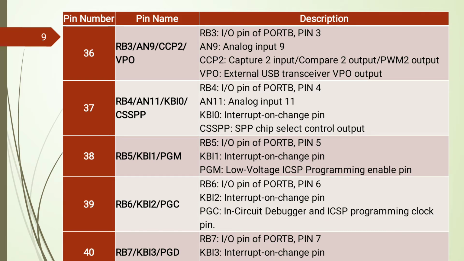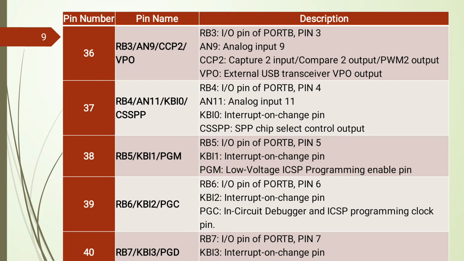After that, an additional port function of port B is the additional analog input. In this version, that is PIC18F, 13 analog inputs are there, but in case of PIC16F only 8 analog input channels are there. So the additional channels are provided at port B. It will start from pins like analog input 9.